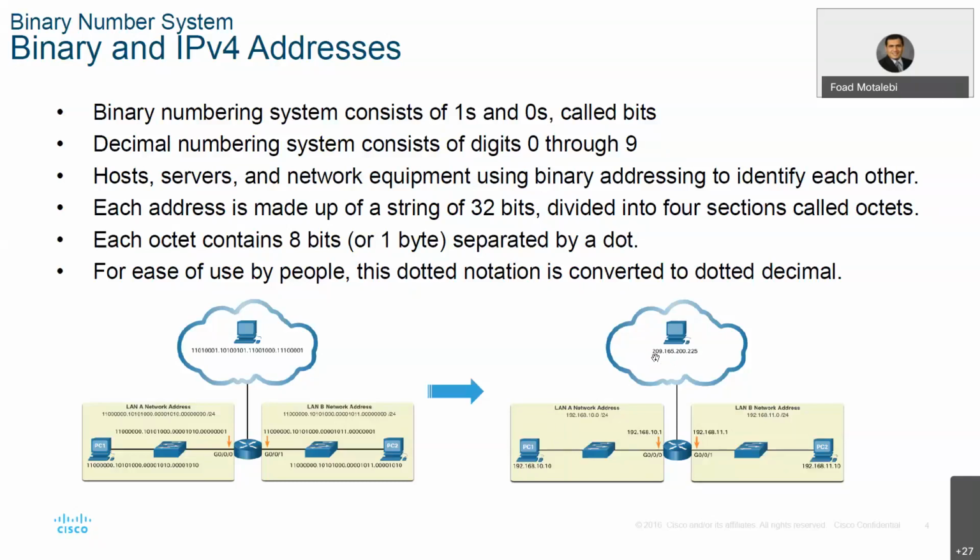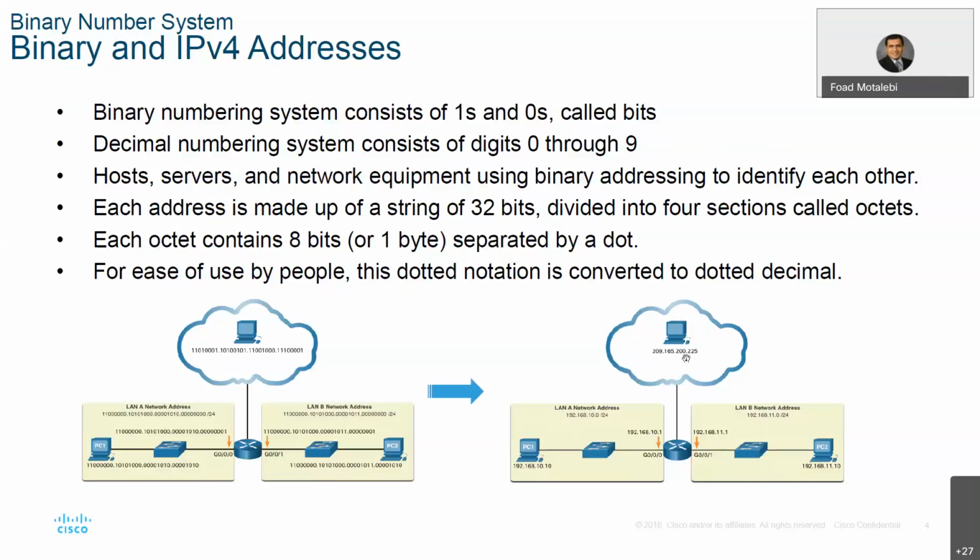So 1 byte plus 1 byte plus 1 byte plus 1 byte. How many bytes do we have in total? 4 bytes. Now, each byte consists of 8 bits. There, 209 consists of 8 bits. Count 1, 2, 3, 4, 5, 6, 7, 8.